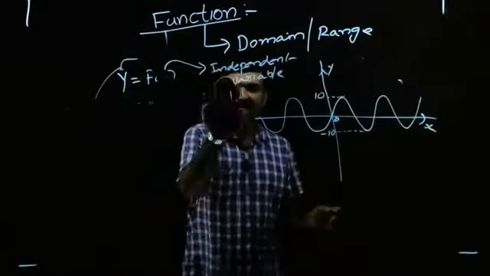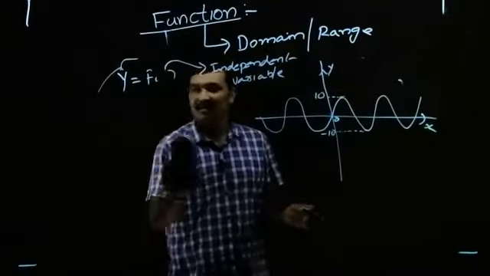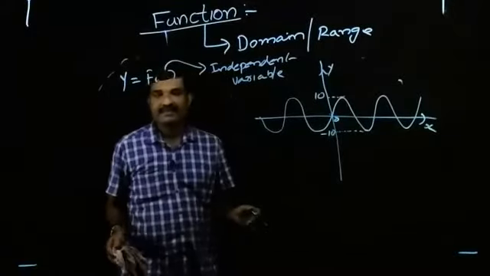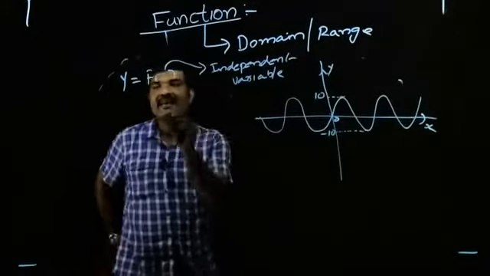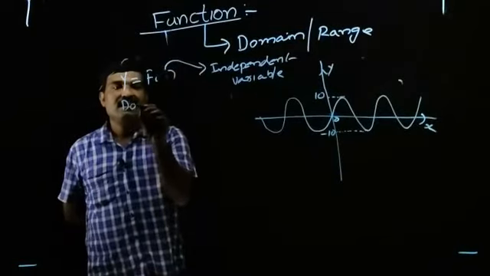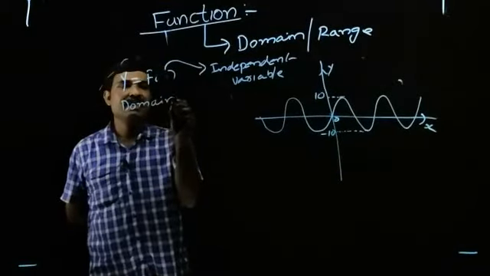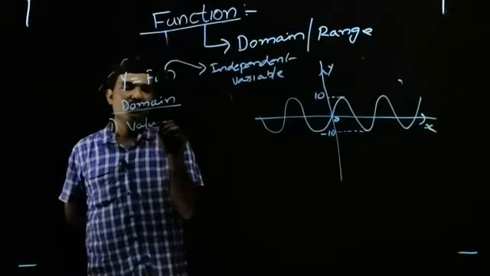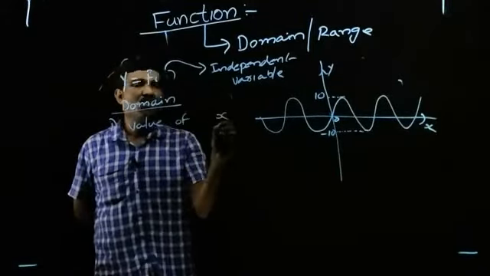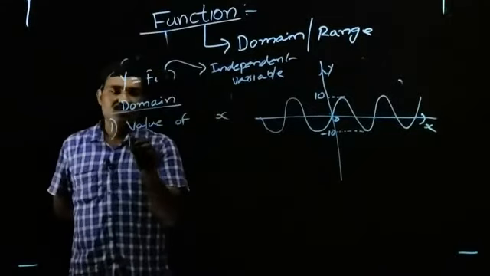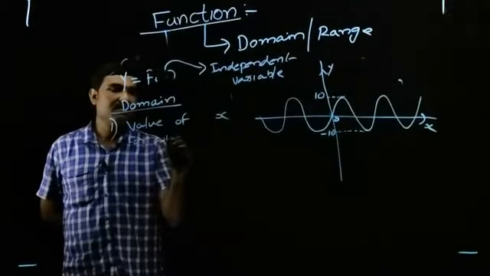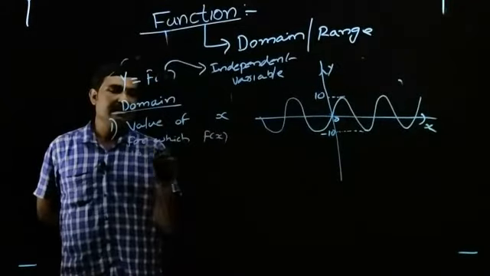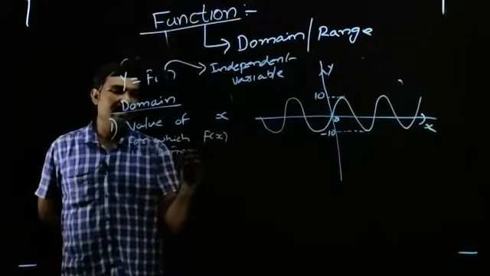Now, our objective is to develop certain rules to find the domain and range. So I'm briefly explaining domain. What is domain? Domain is the value of x for which the function f of x is defined.